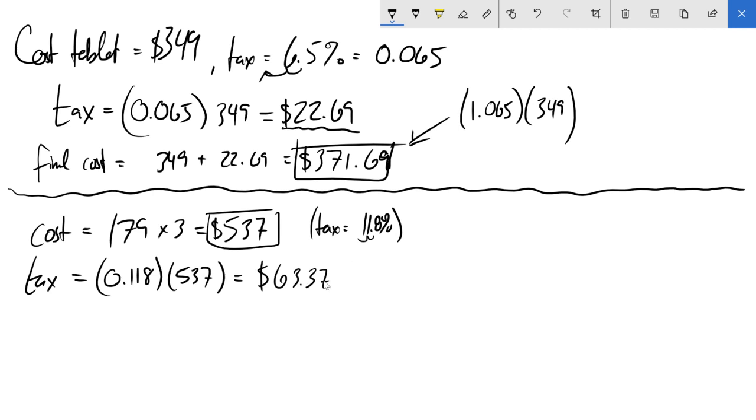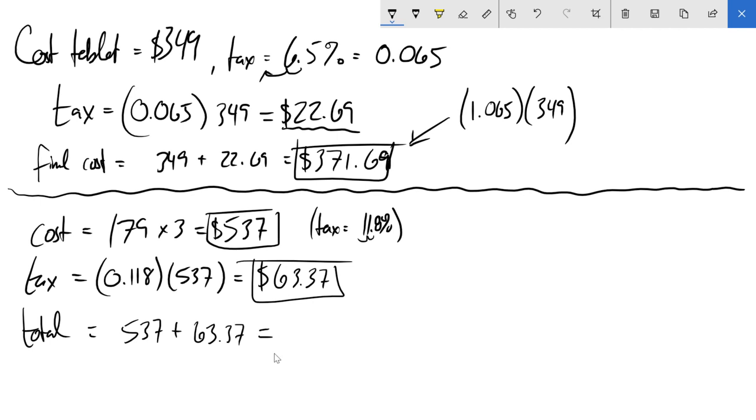I was about to say, that's some pretty awesome tax. 63.37. If you put it in your calculator, other people get that. Perfect. Then if you want to get your total, you just combine. So you just take your 537 plus the tax, 63.37, and that's going to come out to be what? Is that 600 even? 600.37.